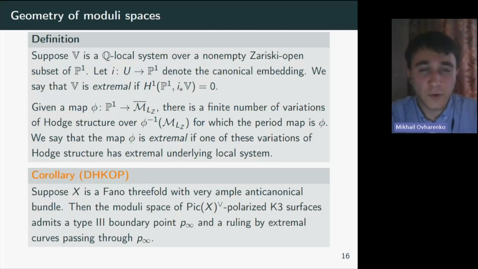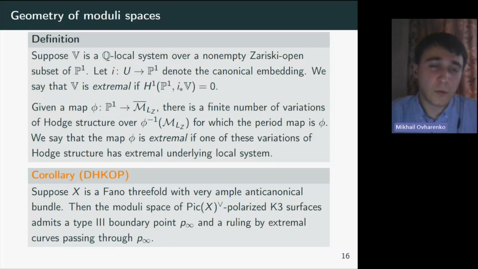And our third result is that we have a smooth Fano threefold with very ample anticanonical class. Then the moduli space of Pic-check polarized K3 surfaces admits type 3 boundary points and explicit extremal curves passing through these boundary points.